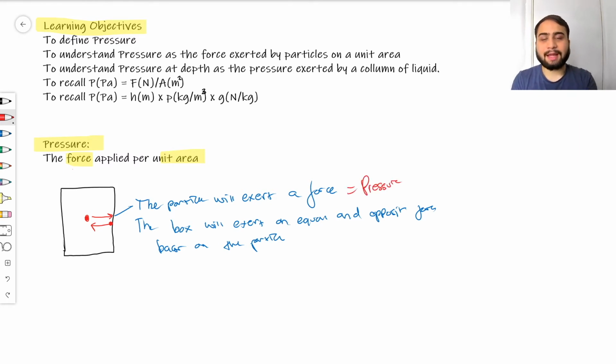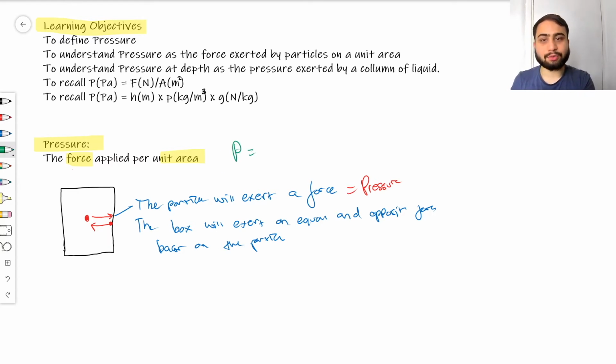Because think about it, right? That particle can only hit one exact tiny space on the actual box itself, enough space for the actual size of the particle itself. If the particle is very large, it will cover a very large space. If it's very small, which it is, it will cover a very small space, but it's still a unit of area. So what pressure is, is nothing but, actually let's do it in green.